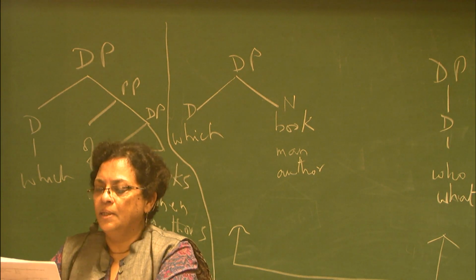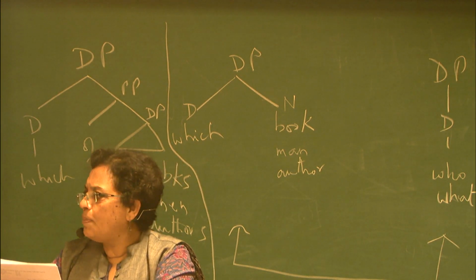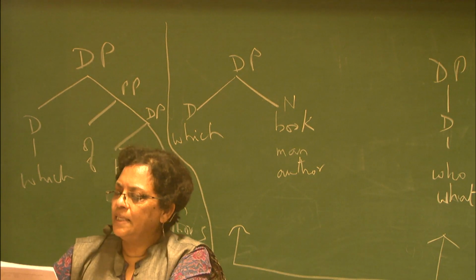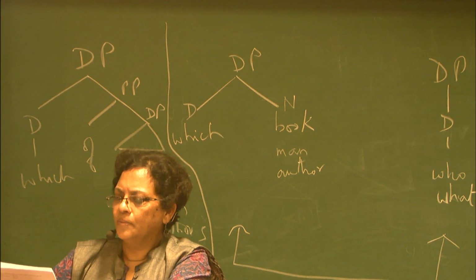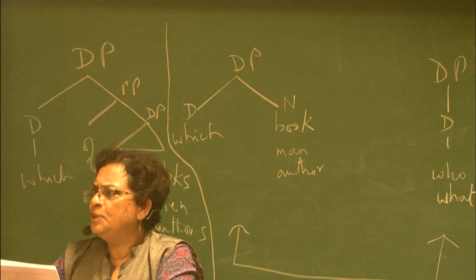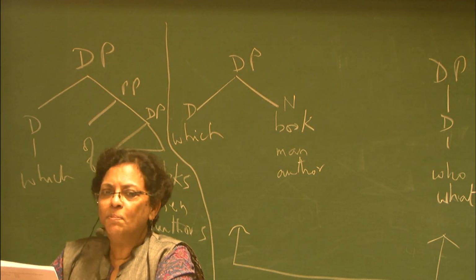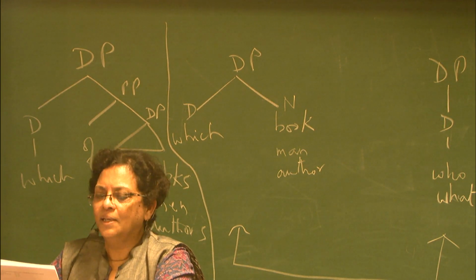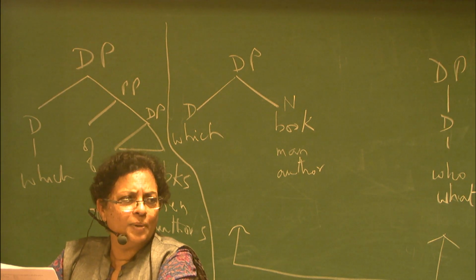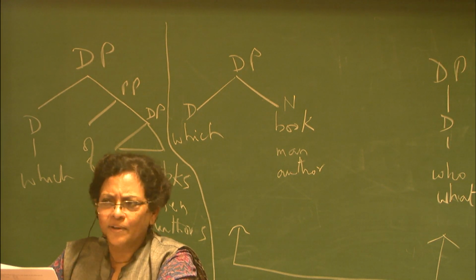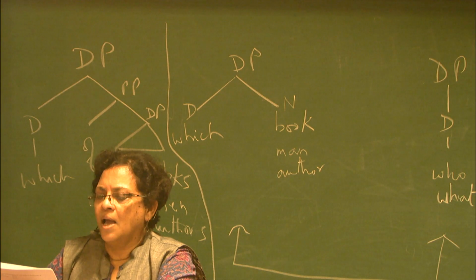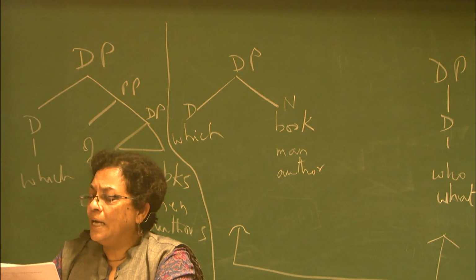So now I'm on 5a. Speaker A goes shopping and comes back and says, I bought a book for David. And speaker B says, which book did you buy? Completely acceptable. Which of the books did you buy? Very odd, right? And so that's odd.